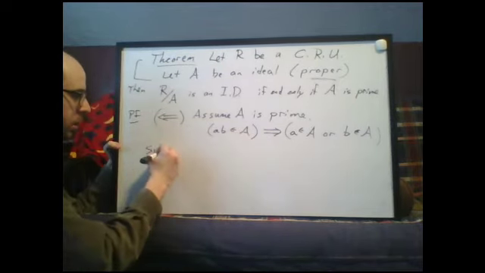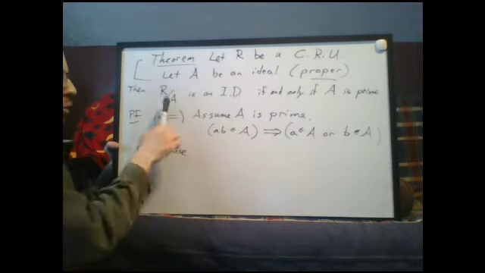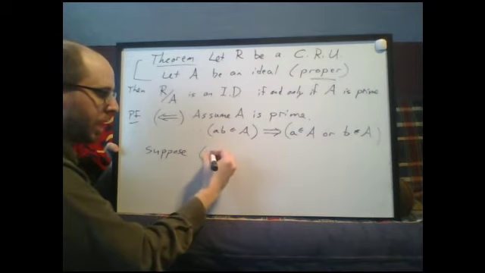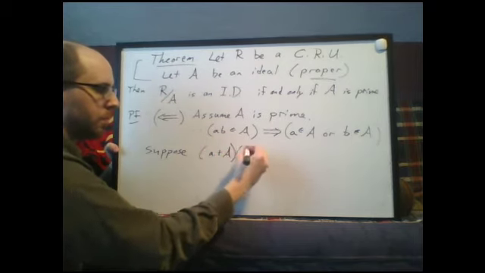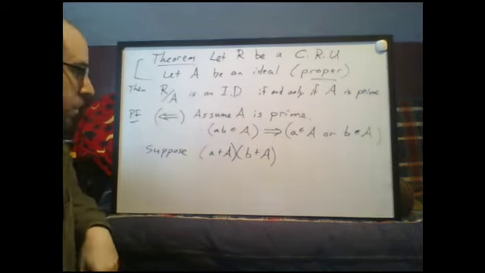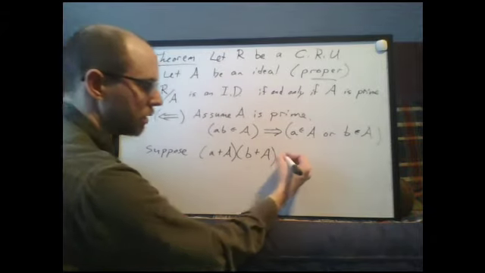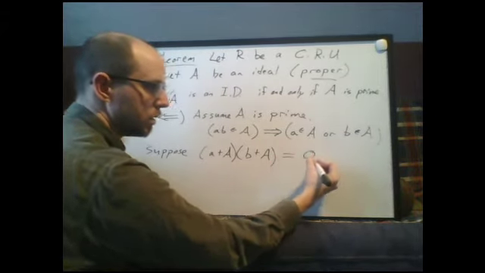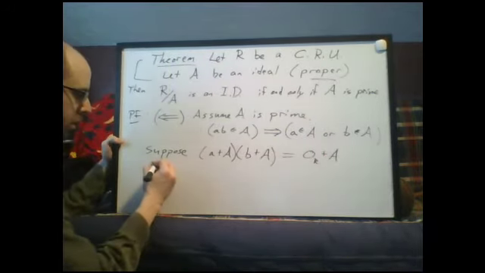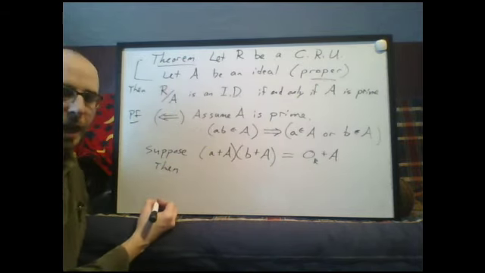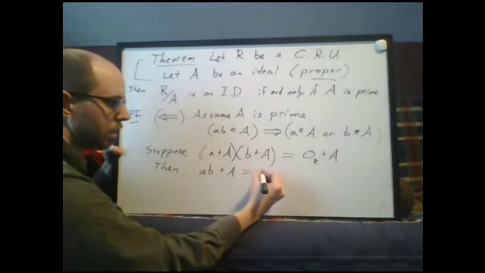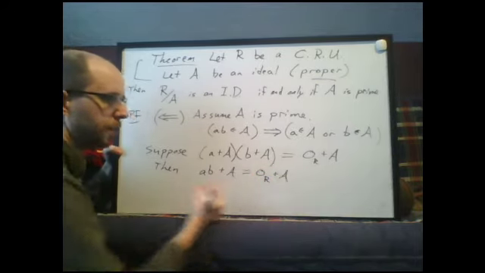So now suppose that two elements from R mod A, so that'd be a plus A times b plus A. We assume that this equals the 0 element, which would be 0 plus A. Then what that means is ab plus A equals 0 plus A.